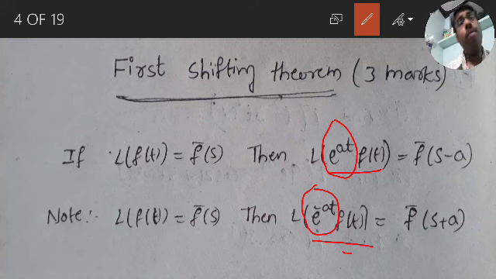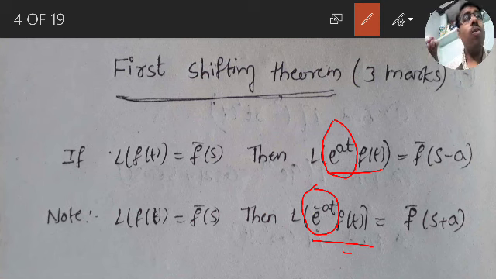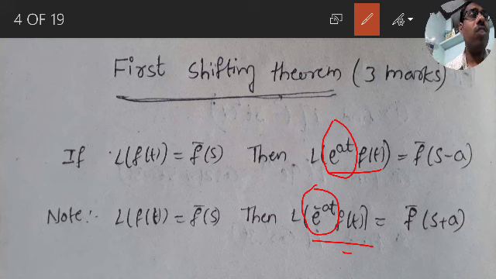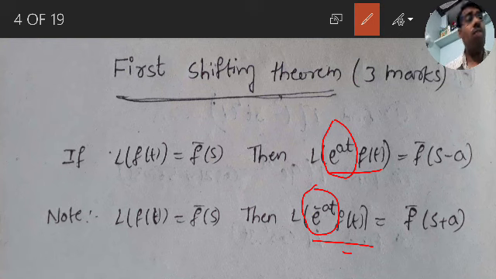But there are particular cases where you can find the Laplace transform of a product of two functions, but the first function must be exponential, e power of at or e power of minus at, covered in the first shifting theorem. In coming classes, for the product of two functions where the first function is algebraic, that is t square, t cube, like that, and where the first function may be 1 by t, 1 by t square, like that, we are going to cover.